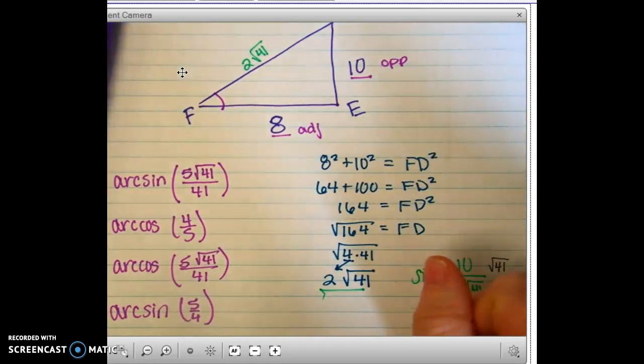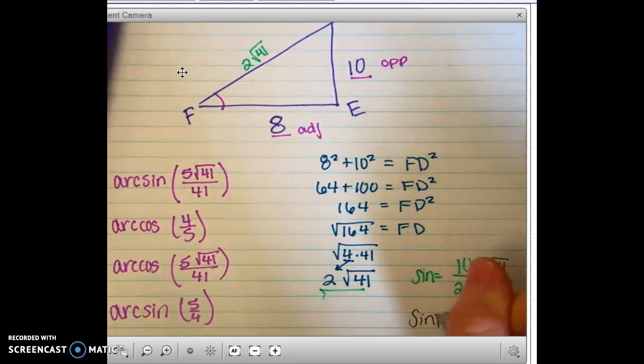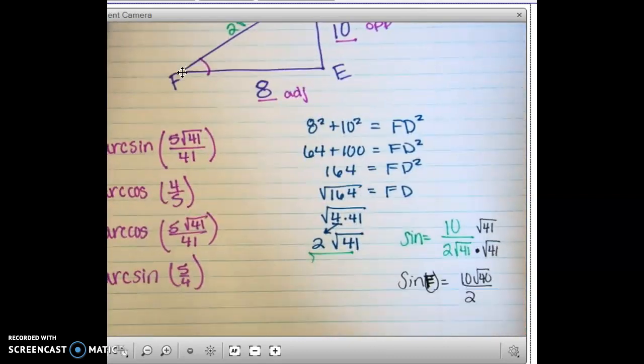So I have sine F, really, is equal to, sorry, that does not look like F, but you get what I mean, 10 square root 41 all over 2 square root of 41 times the square root of 41, which is just 41.